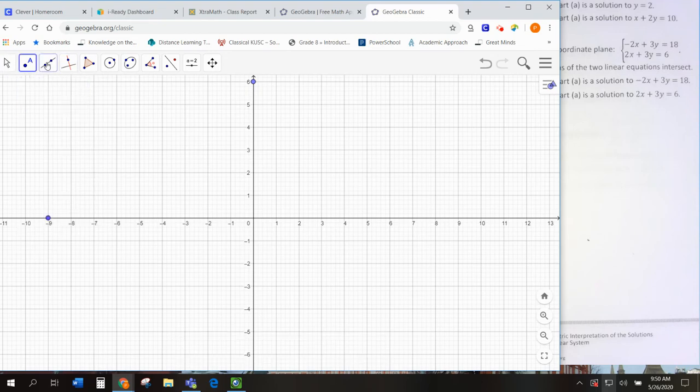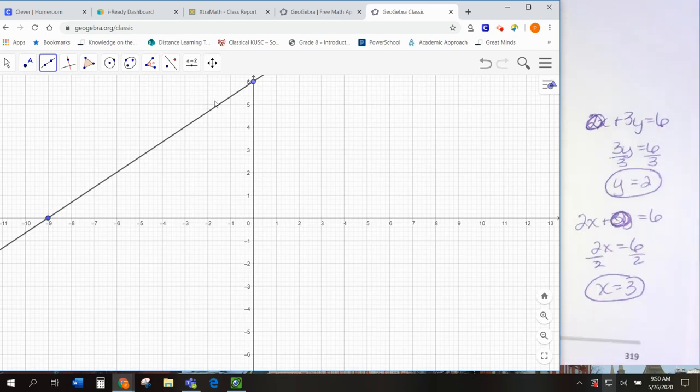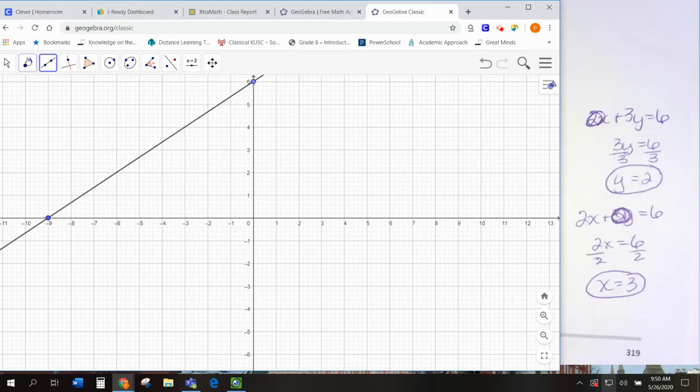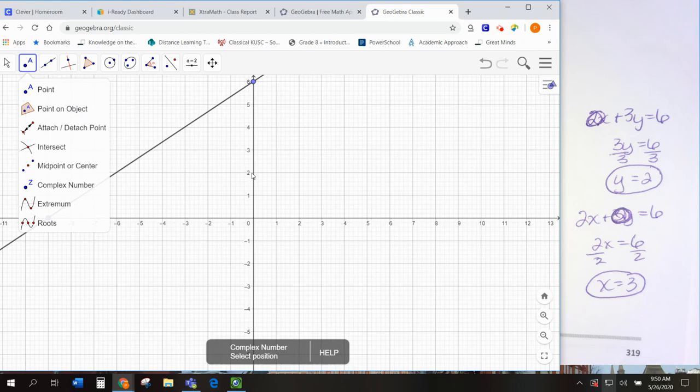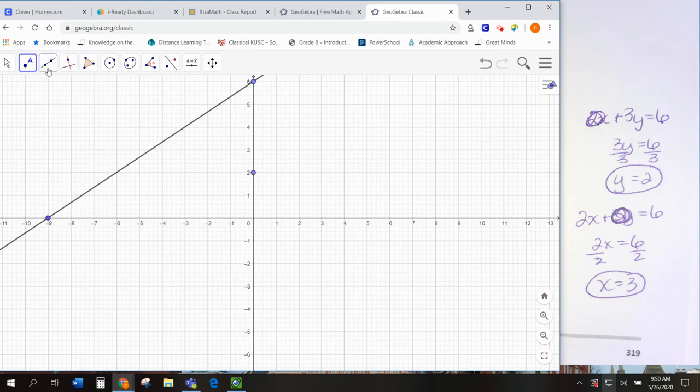And for our second one, we have a y of 2 and an x of 3. Let's draw this line.